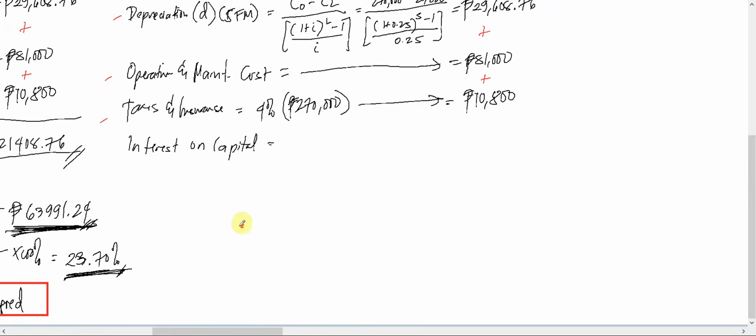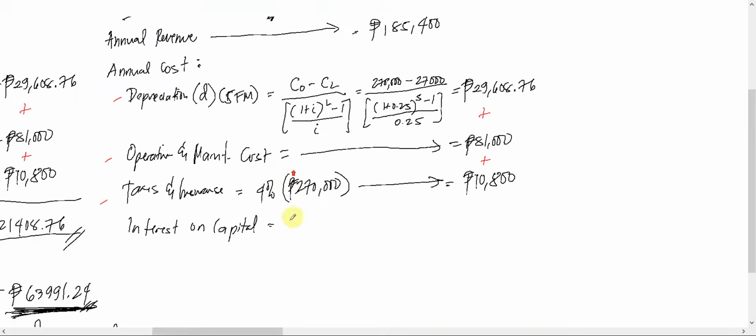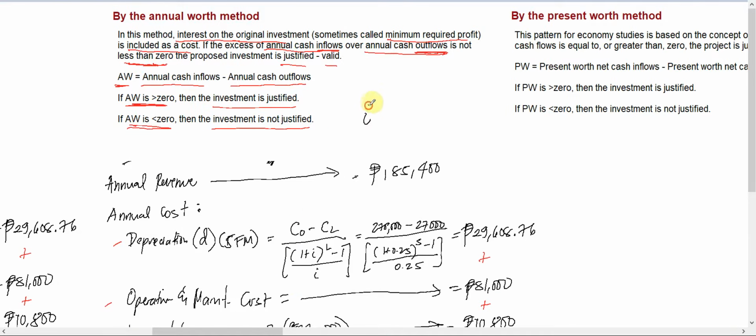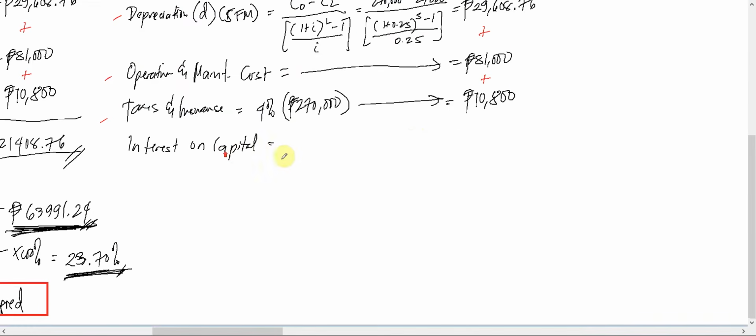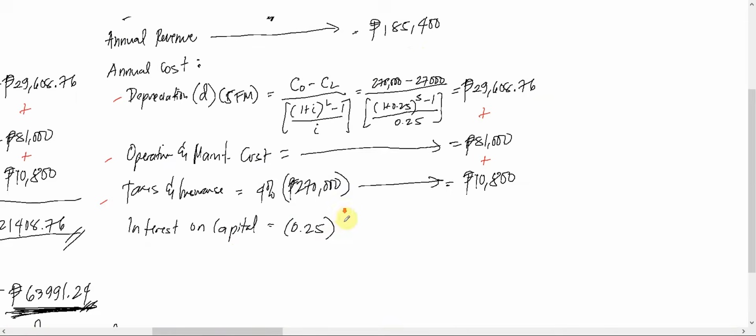So, interest will be equal sa rate of return na 25%. Kapag dalawa yung given, interest at rate of return, ang gagamitin pa rin dito ay yung rate of return. Okay? That is yung gagamitin natin to compute the interest on the original investment or the interest on capital. So, that is 0.25 or 25% times the capital of 270,000.